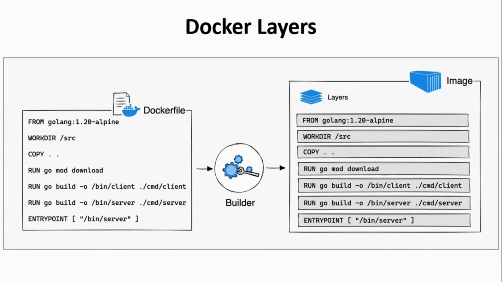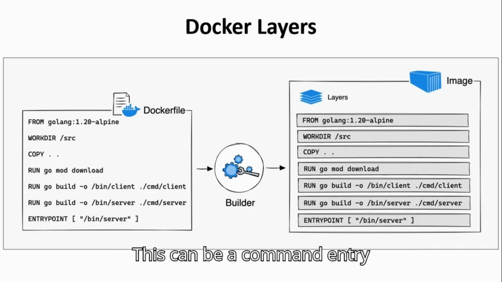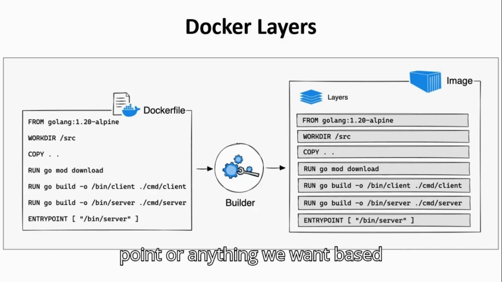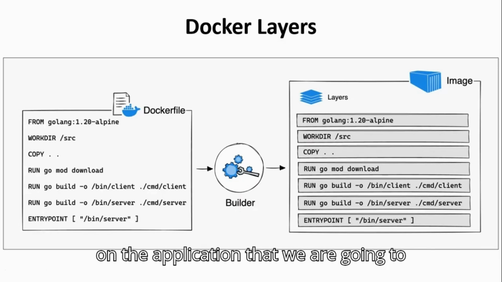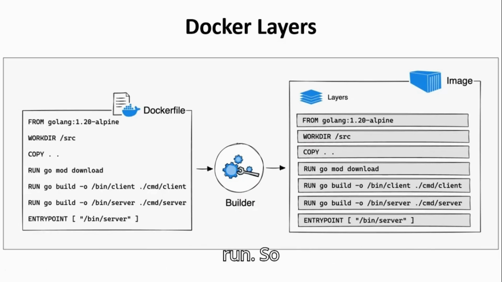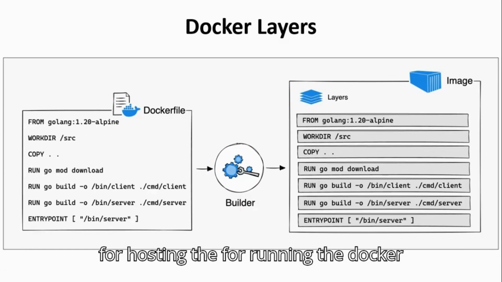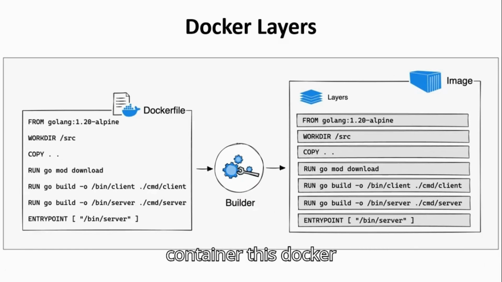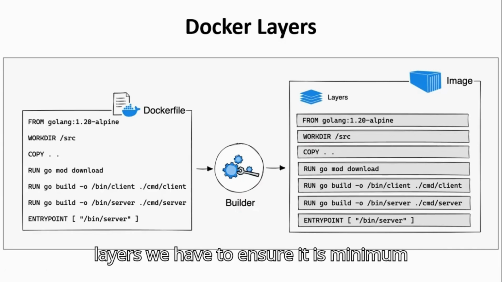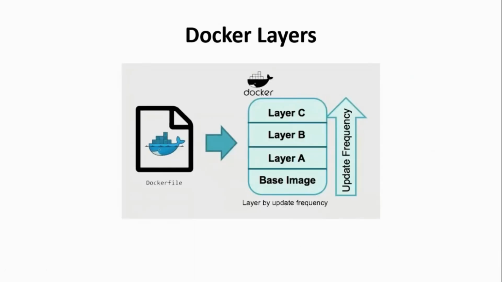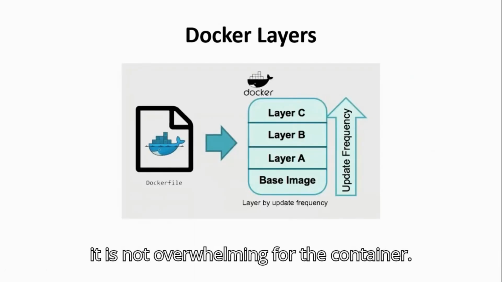Next, ENTRYPOINT. This can be a command or anything we want, based on the application that we are going to run. For efficiency, when running the Docker container, we have to ensure the number of Docker layers is minimum. It should not be overwhelming for the container.